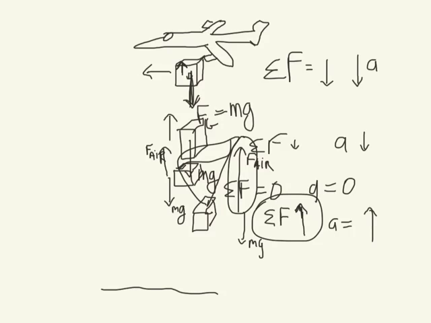And after it slows down for a while, the drag force decreases because the wind is whistling by slower. And it'll get to a point where the drag force has decreased back down to the same magnitude as the gravitational force.